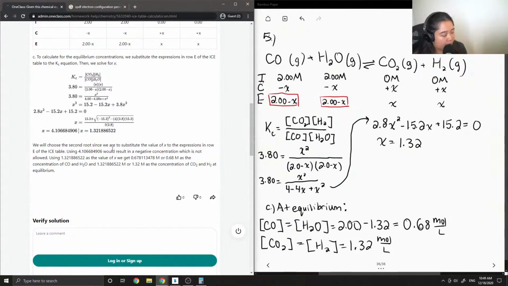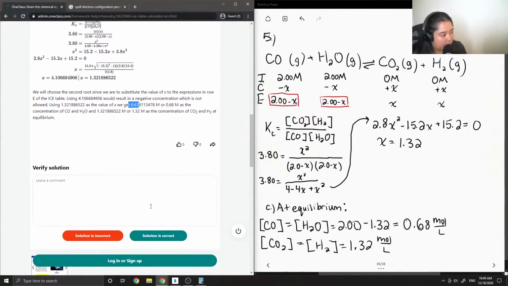Using 4.1 would result in a negative concentration, which is not allowed. Using 1.32 as the value of x, we get 0.67 molar as the concentration of carbon monoxide and water, and 1.32 molar as the concentration of CO2 and H2 at equilibrium. Yep, so this solution is correct.